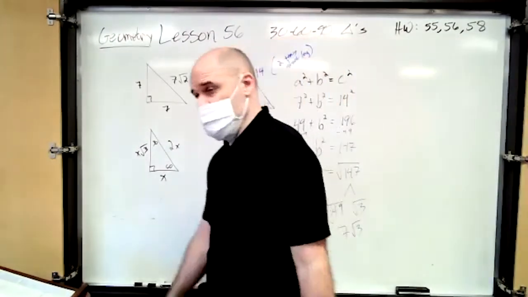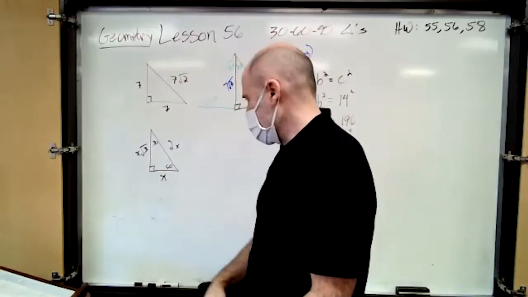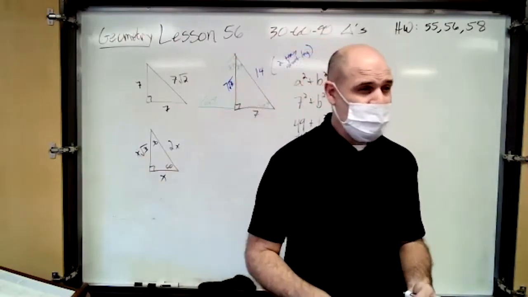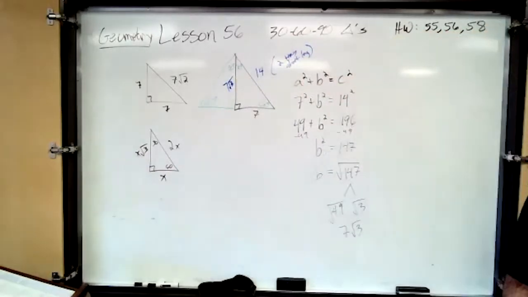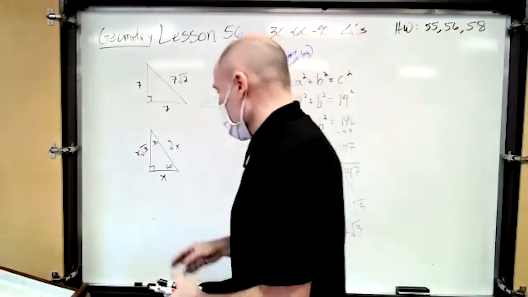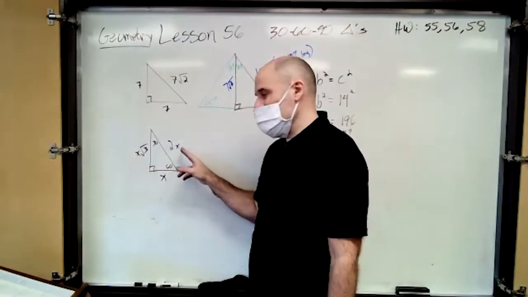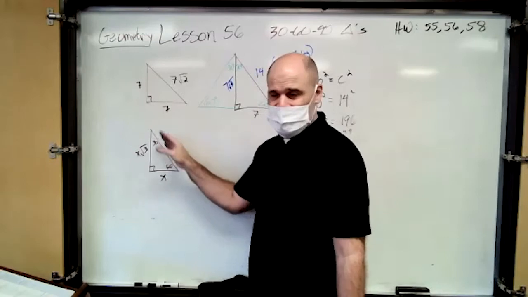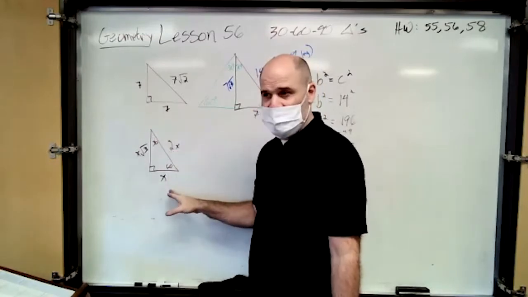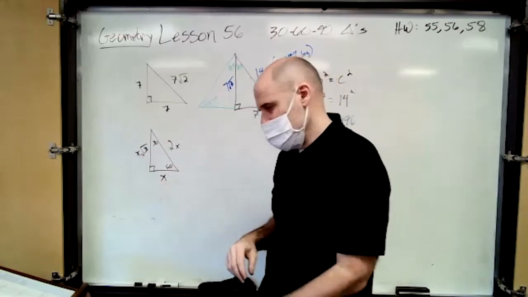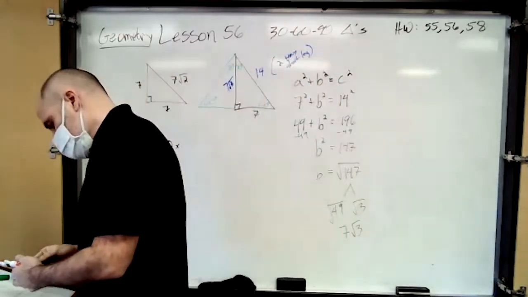So a lot of numbers you can't use. Okay, just double it to get the hypotenuse, tag on a radical 3, or multiply by radical 3 to get the longer leg. So to go backwards, you have to divide by radical 3. Or if you're just given this, this is nice. If you're just given that, you just cut it in half to get the short leg. And then you just tag on a radical 3 to whatever that was. Okay? So let's do some examples and then we'll call it a day.